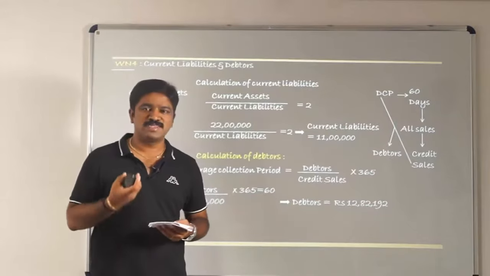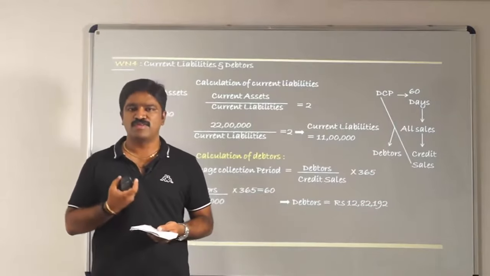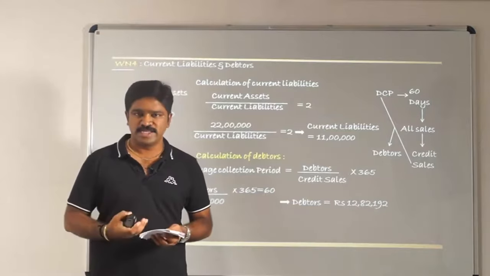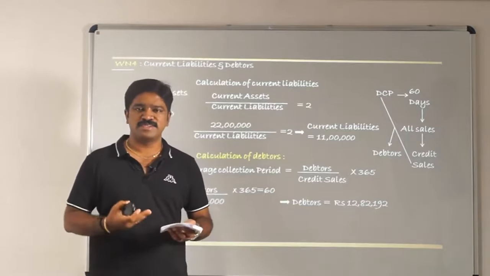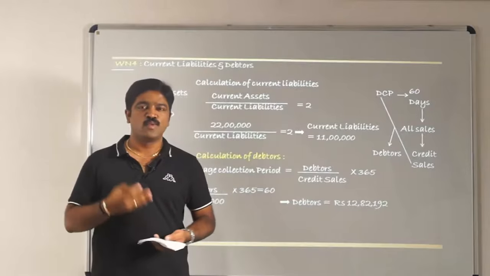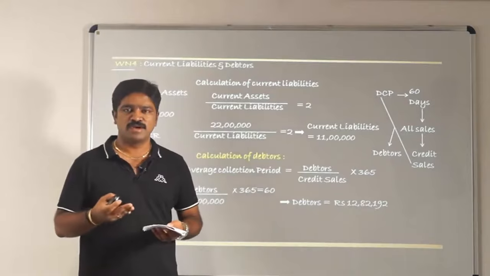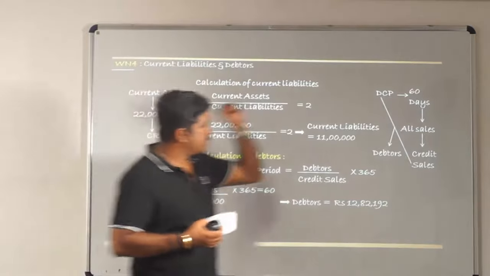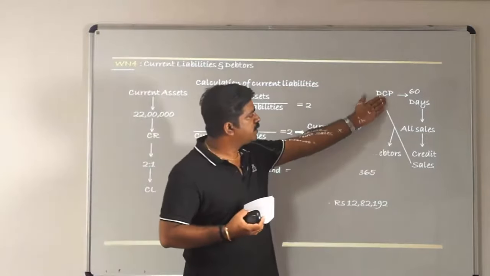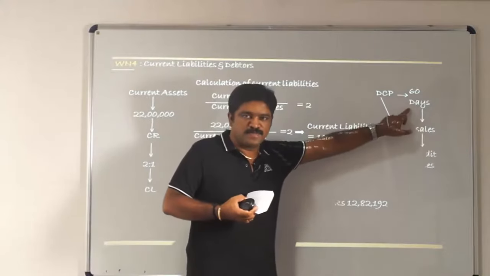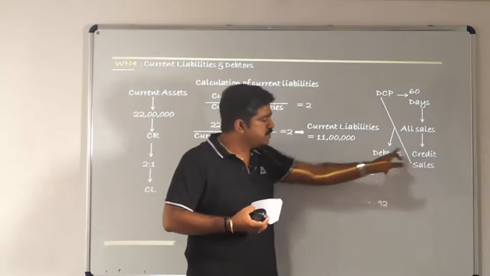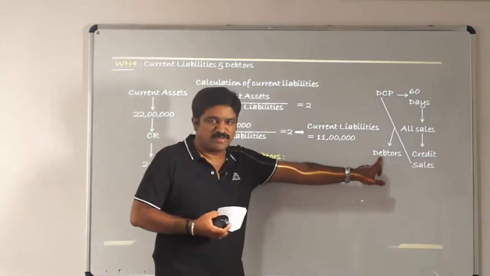So whatever sales we have derived in our working note, we can freely assume that it's credit sales. And if that's for 365 days or 360 days, what is for 30 days? That will give out the debtors. And I think that is reproduced here. See, debtors collection period is 60 days. Question says all sales are on credit. So with this information, we can find out the value of debtors.